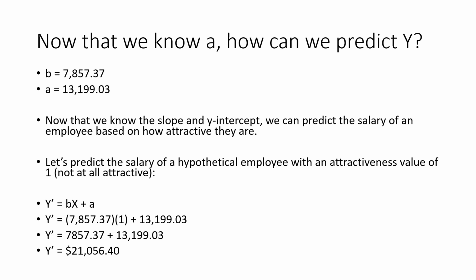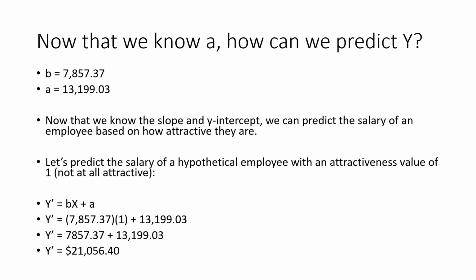So if you look at our data set, there isn't anyone that fits that. There is no one with an attractiveness value of 1 in there. But if you were hypothetically interested in this, you simply have to fill in the blanks. So we have y prime, that's our predicted y, equals bx plus a, where x equals 1. So this is attractiveness level equals 1.